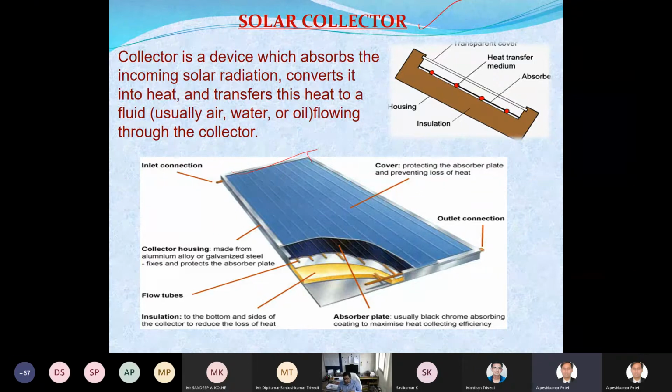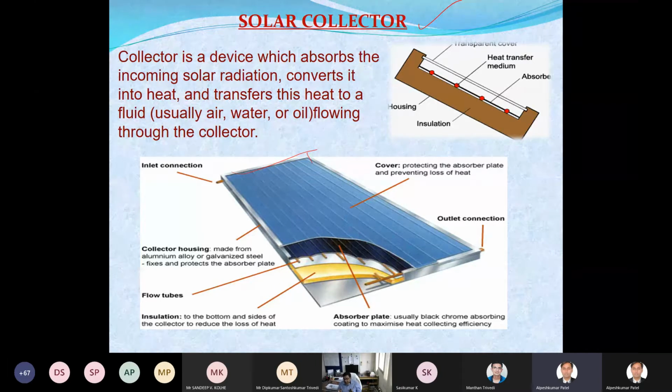That means the area of solar energy interception, the area over which you collect the solar radiation, and the absorbing area over which the radiation is absorbed are equal. Then only I can say the concentration ratio is 1. So that system is known as the flat plate solar collector.